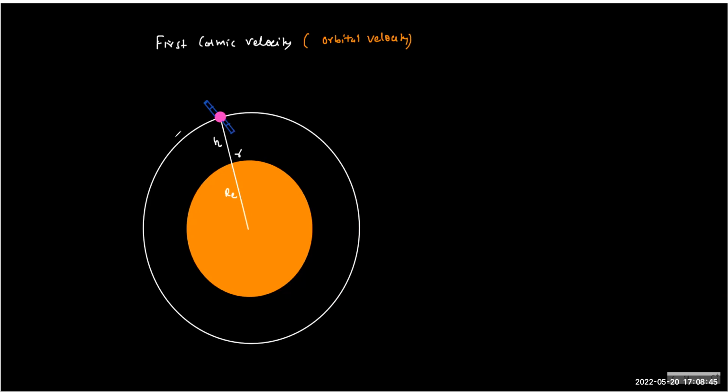The satellite is moving in this orbit. The force which is responsible for the motion of the satellite is gravitational attraction, right? Gravitational attraction will give you the required centripetal force to let you move in a circle. And that is why we call it orbital velocity.